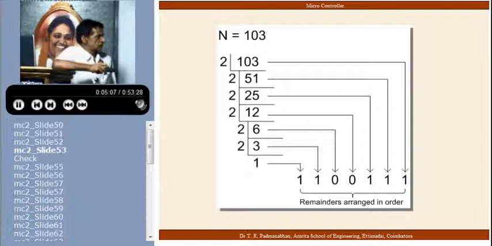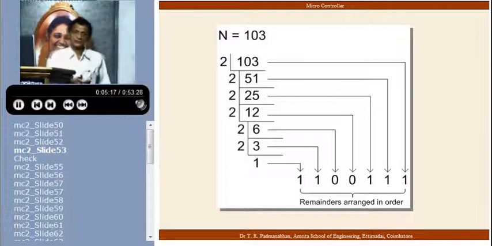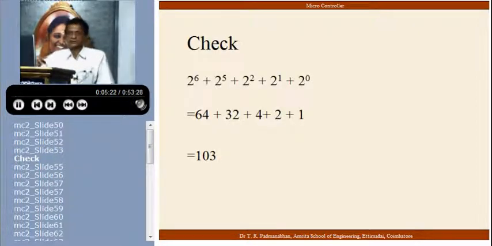I'll simply divide it by 7, and the remainders I put in line will give the number in the number system with base 7. Okay, you can just try that. This is as far as integer is concerned. I give a check, got back the number. Success.